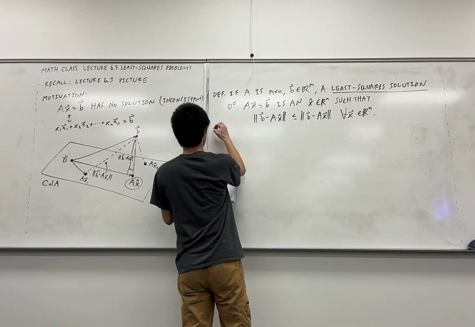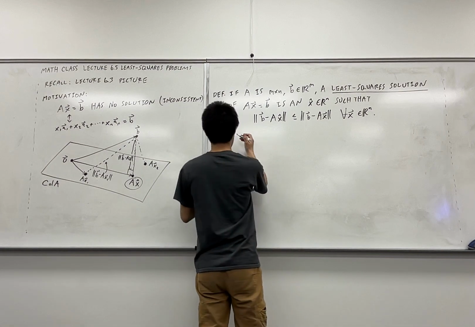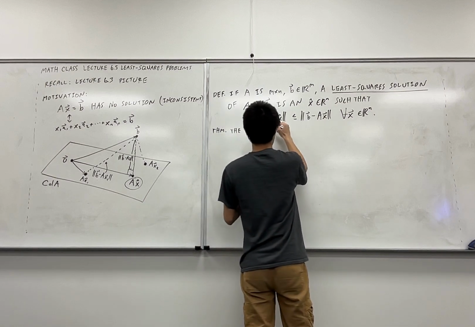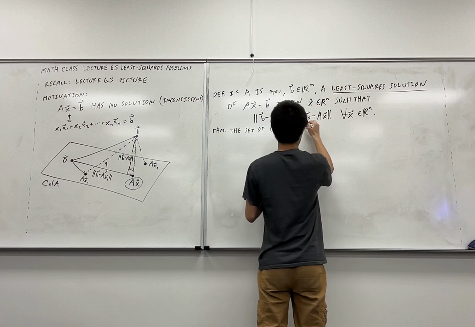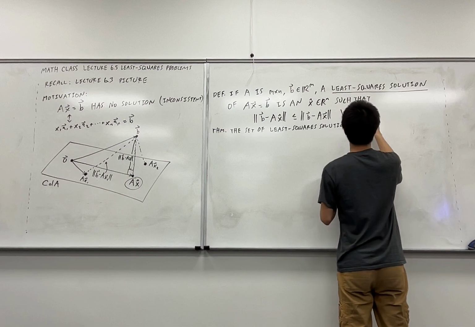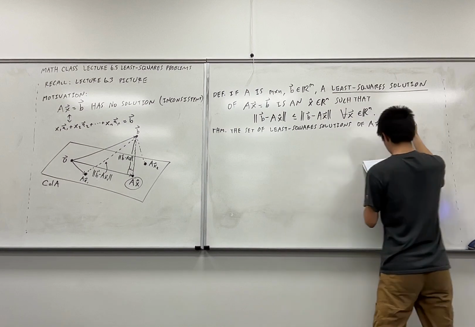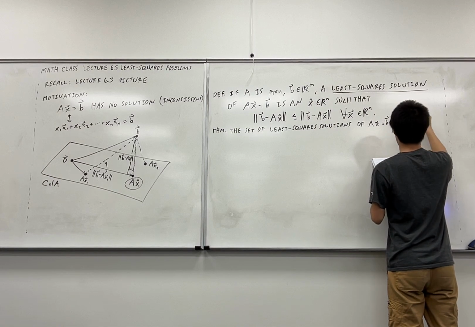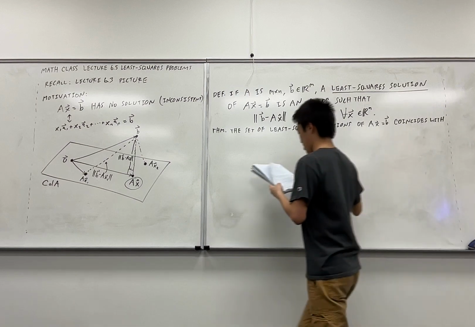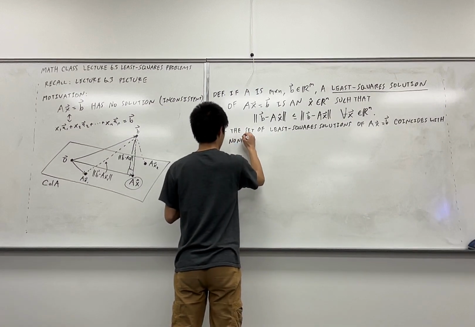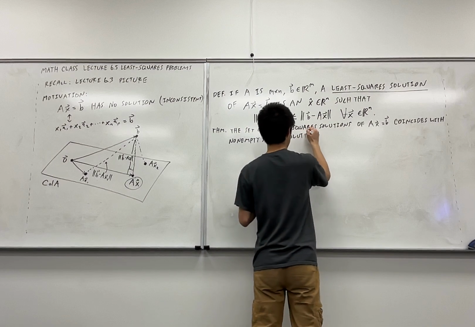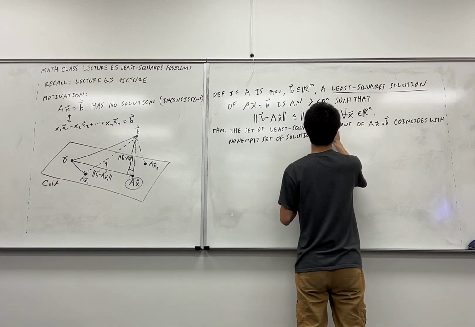So here's our theorem. The set of least squares solutions of AX is equal to B coincides, it's a fun word, with the non-empty set of solutions of the normal equations.